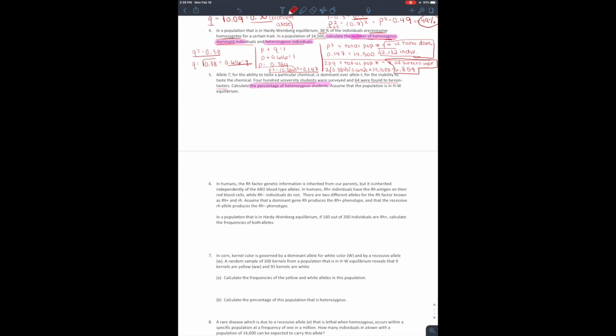So 64 of these kids were non-tasters. That means that they were homozygous recessive. So the number of homozygous recessive individuals was 64. Okay, that is not Q squared.